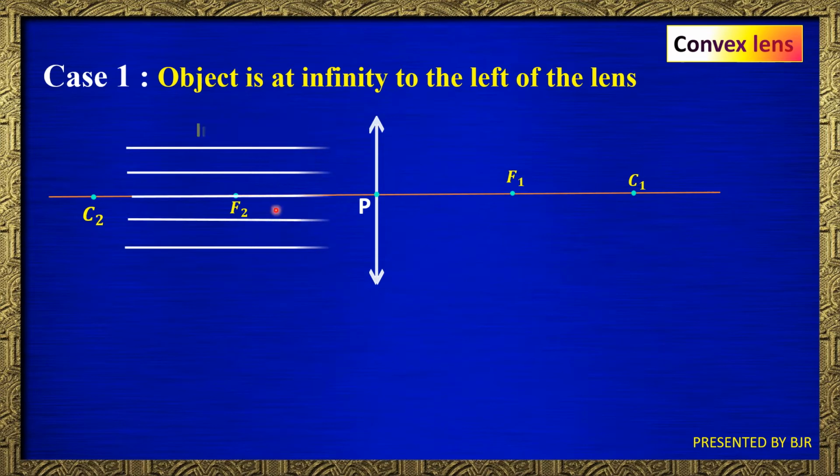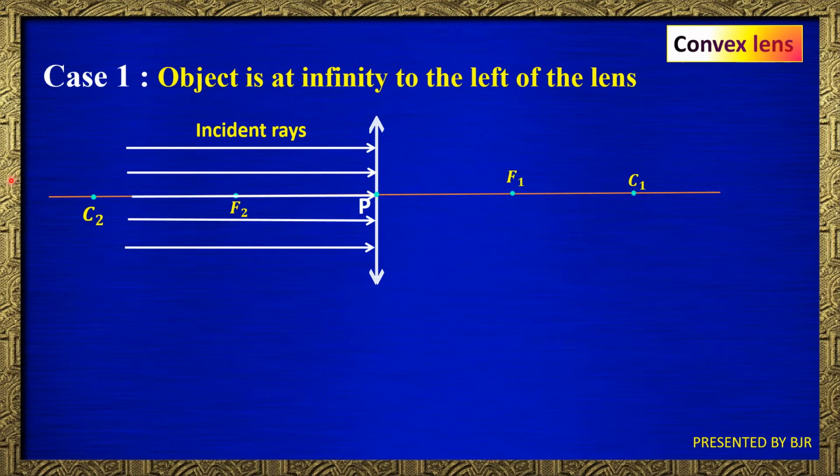See here, these are the incident rays which are parallel, traveling parallel to the principal axis and falling on the lens here. These rays are coming from the object at infinity to the left of this lens. This side the object is there, this side it is at infinity.